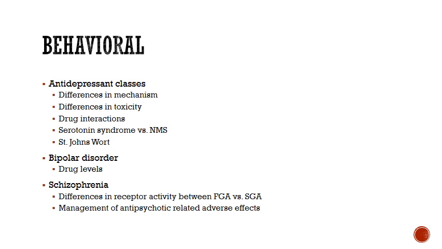With the behavioral section, obviously we talked a lot about a lot of different medications. So some of the stuff you have here under the antidepressant classes will pretty much be generalizable to a lot of the other agents or other classes of drugs, in terms of things to be on the lookout for. One of the big difficulties is trying to internalize all these different drug names and being able to compartmentalize what category they fall into.